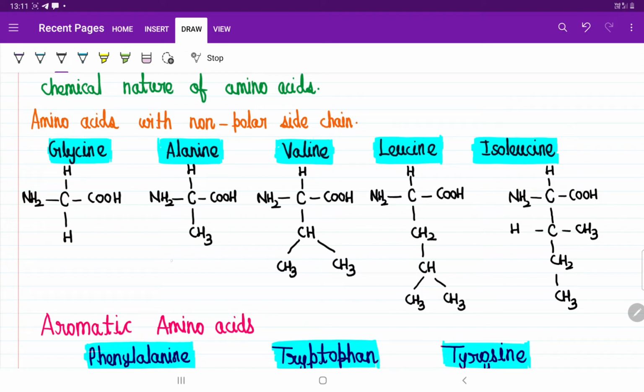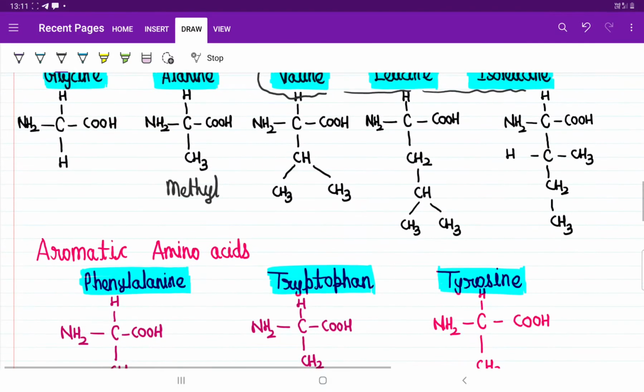Alanine, which has a methyl group as a side chain. Valine, leucine, isoleucine: these are all examples of hydrophobic amino acids. They are actually least soluble in water.